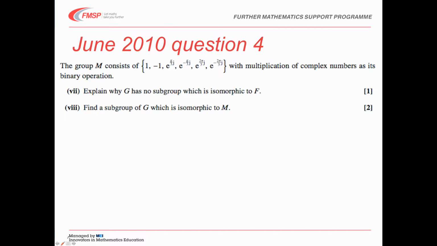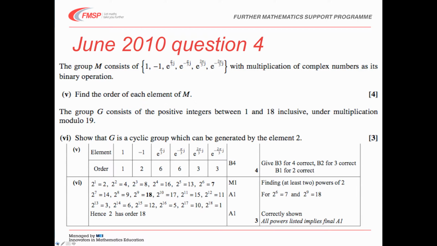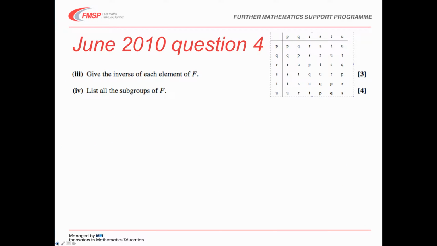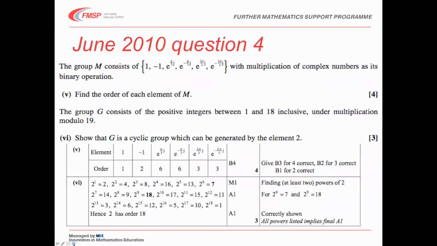Okay, now let's have a think. We haven't got F here, but that's F. That was our F, which had our 6 elements, and there must be some simple reason why G, with these 18 elements here, can't have a subgroup that's isomorphic to it.